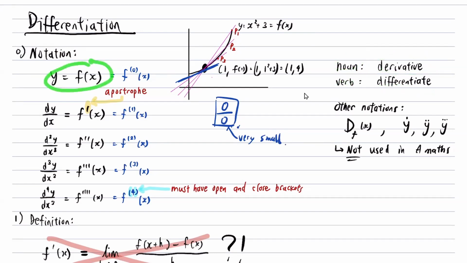Then we can differentiate the function. It's just some magical procedure that helps us to find the derivative. So if I differentiate y, I end up with the derivative dy by dx. Another notation is you take the f of x, but you put a single apostrophe, and we usually read this as f prime of x.